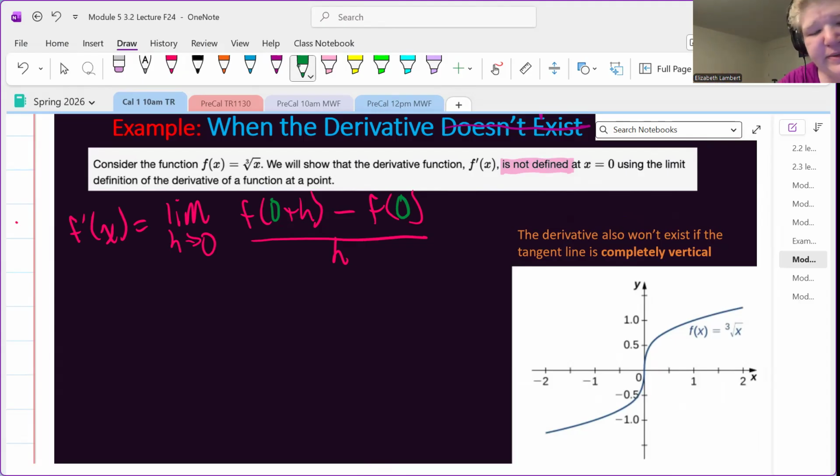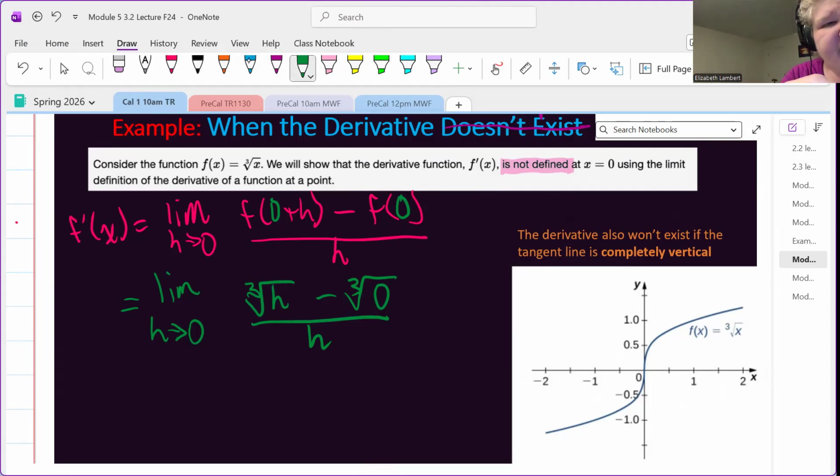Otherwise, it's a mess. So still our limit: f of h will be the cube root of h, minus f of 0, the cube root of 0. That's just 0, and subtracting 0 does nothing. So we just have the cube root of h divided by h.